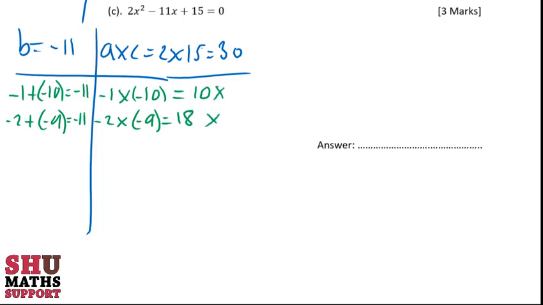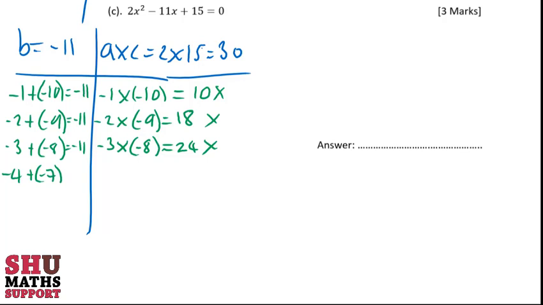So we don't want that one. Minus 3 plus minus 8 is equal to minus 11. Minus 3 times minus 8 is equal to positive 24, so we don't want that one. Minus 4 plus minus 7 is equal to minus 11. And minus 4 times minus 7 is equal to 28, and we don't want that one either.